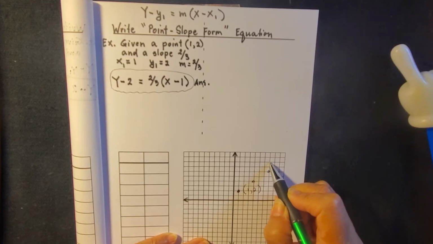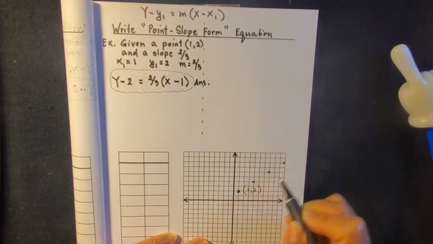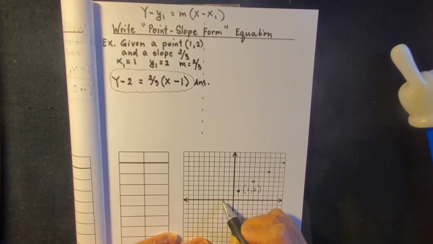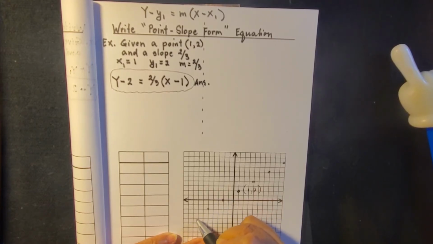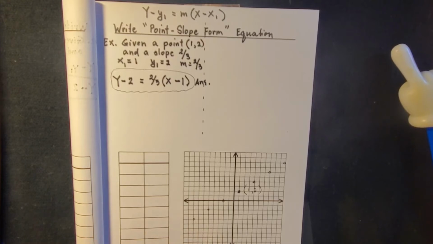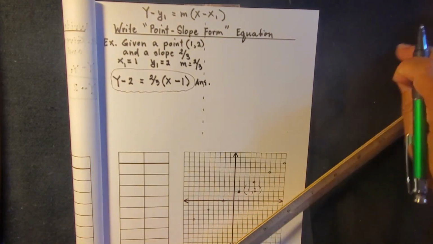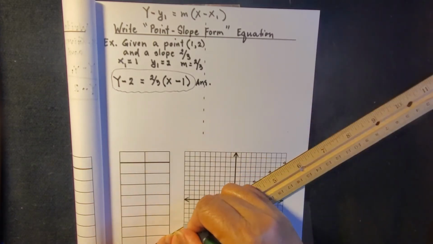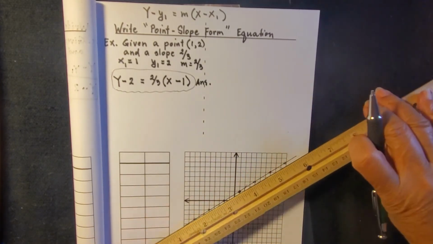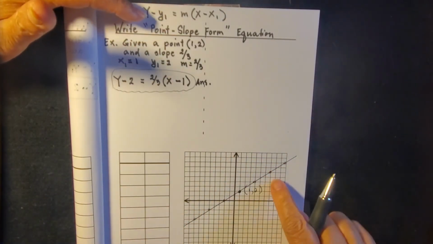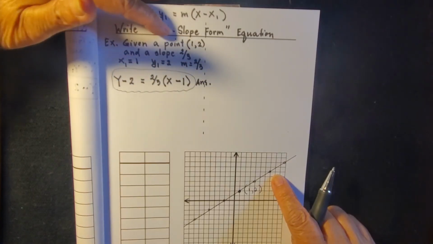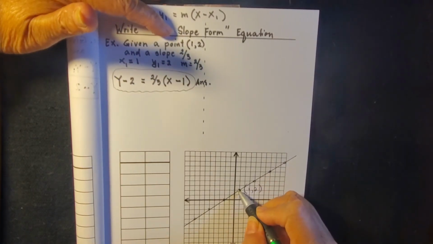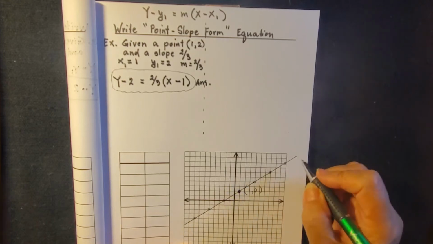Go up 2, to the right 3, point. And that is the graph with the given point (1, 2) and the slope 2/3.